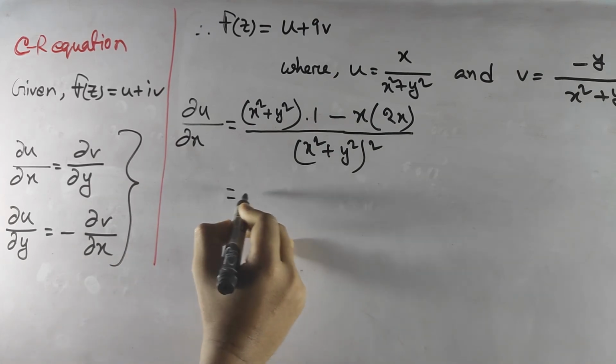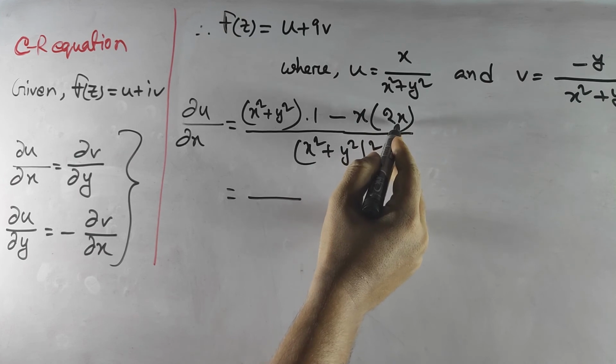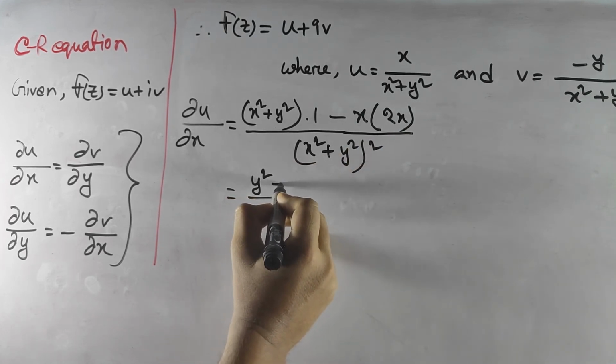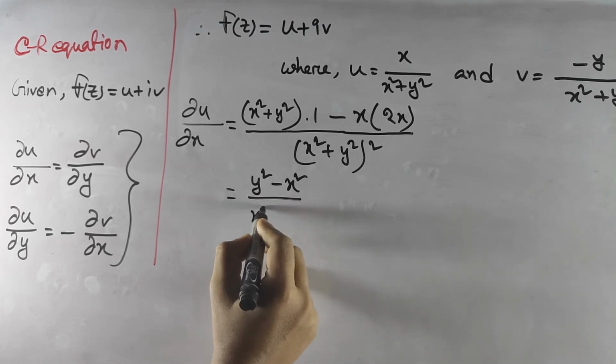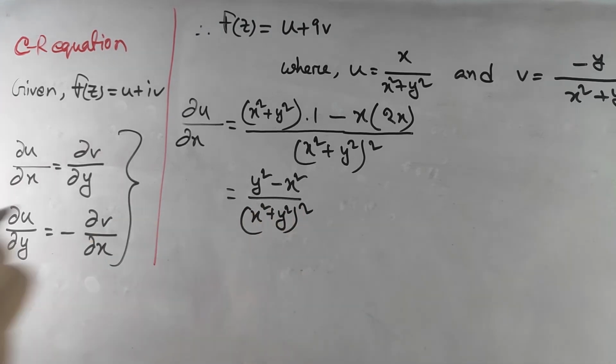So it will be y square minus x square divided by x square plus y square whole square.